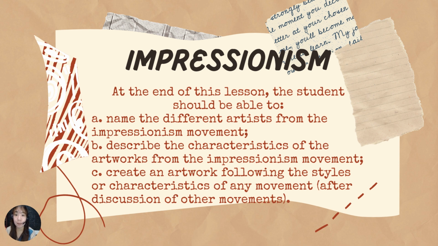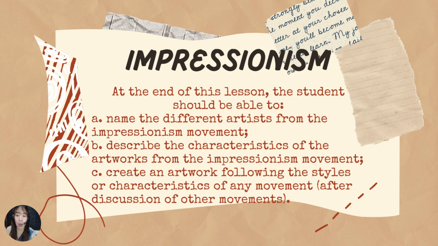For my students, you're going to have your performance task. You're going to create your own artwork after the discussion of all the movements: impressionism, expressionism, and other movements. You're going to create just one artwork for this quarter, aside from the one that I asked you to do last time.